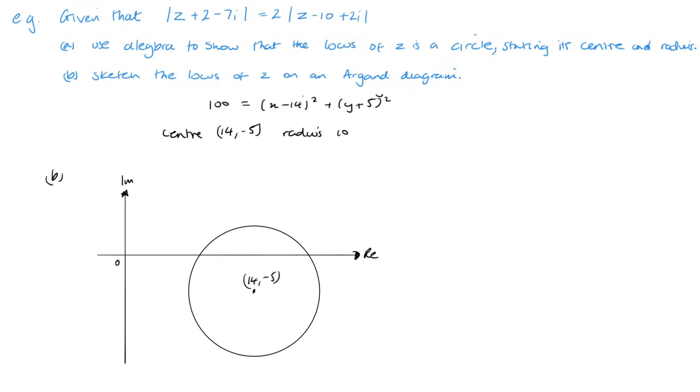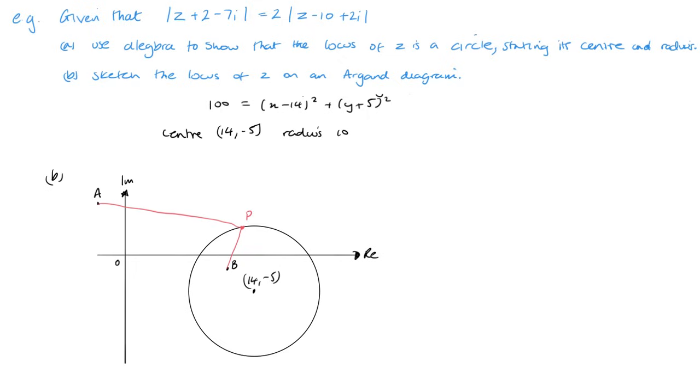In terms of the original complex numbers, minus 2 plus 7i is going to be up here somewhere, so let's call it there for A, and the other one is 10 minus 2i, so somewhere like there for B. And then basically the ratio of these distances to any point P on the circle.